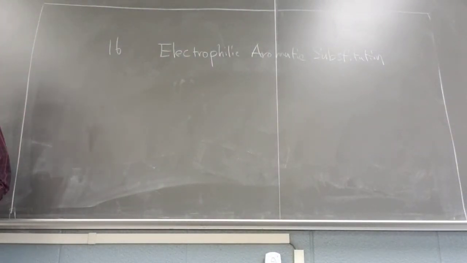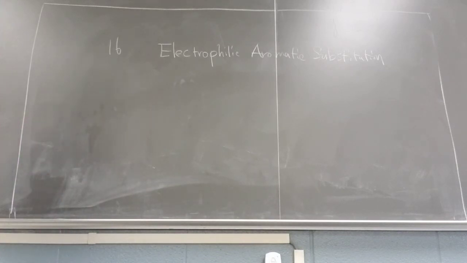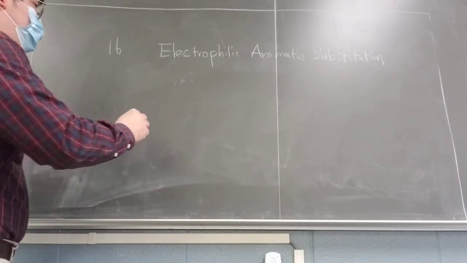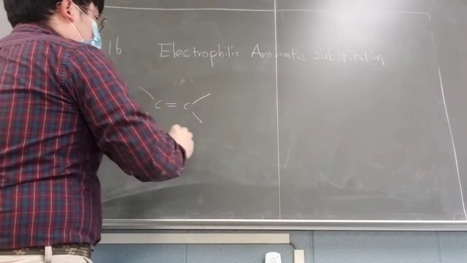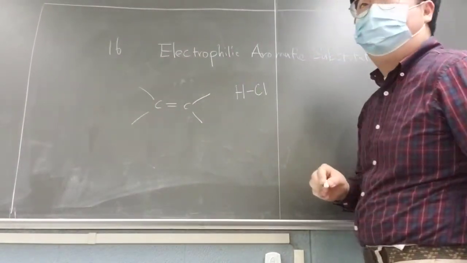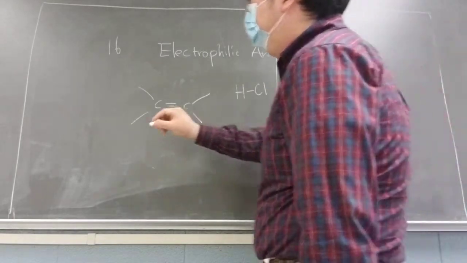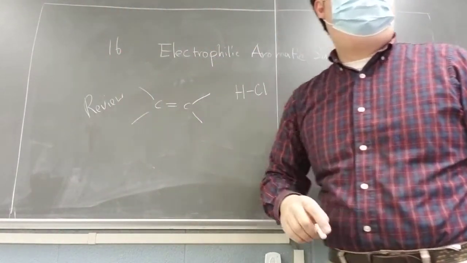So we're gonna start with the halogenation today, but before we go into the halogenation, I just wanna give you some review. This is the review, to compare to what we're gonna do now.